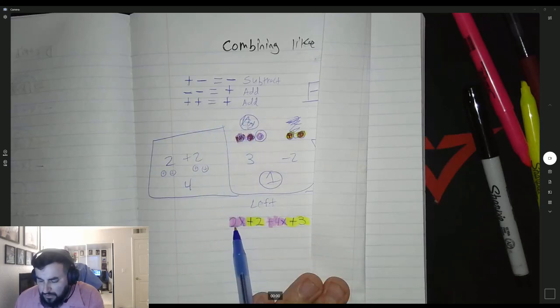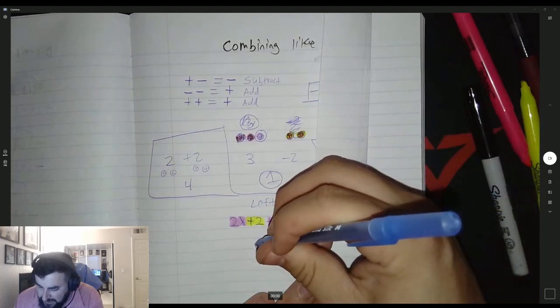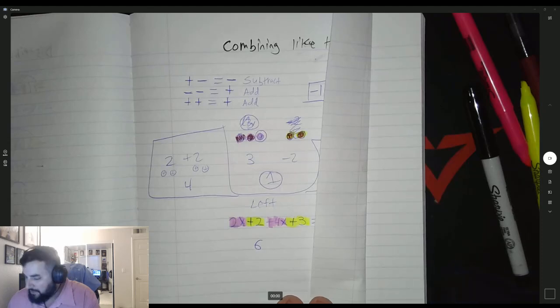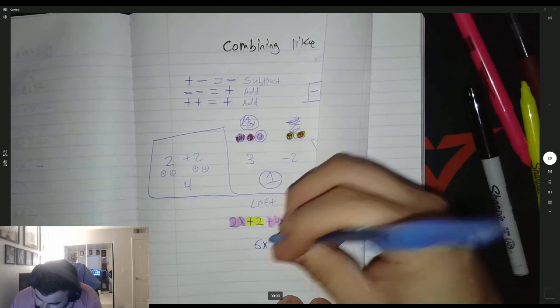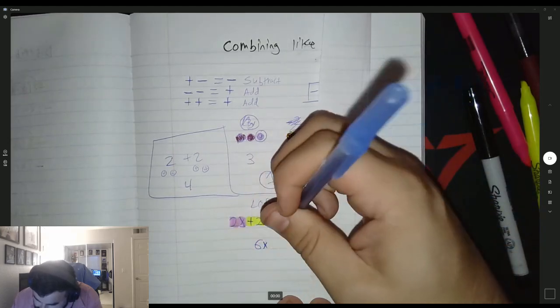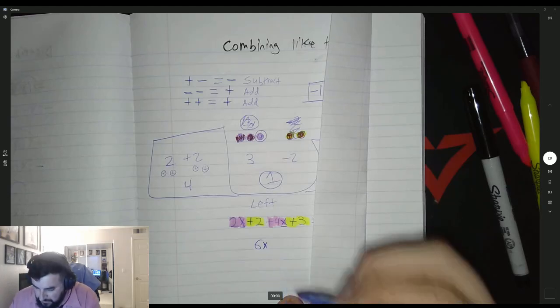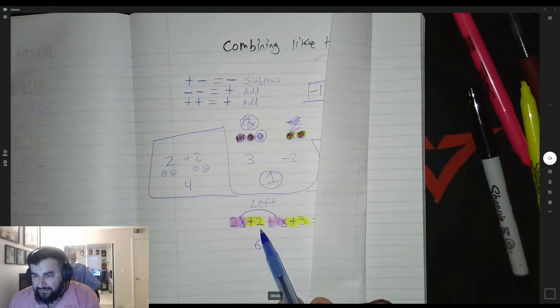So 2 and 4 will make us 6. Now pause. Am I missing something? Ask yourself, what am I missing? Oh, wow, they're x's, right? So I got to put the x there. Don't forget to put this x because these have x's. So now that makes a 6x. So I combine these two guys. Now look right here. You have a positive 2 and a positive 3.